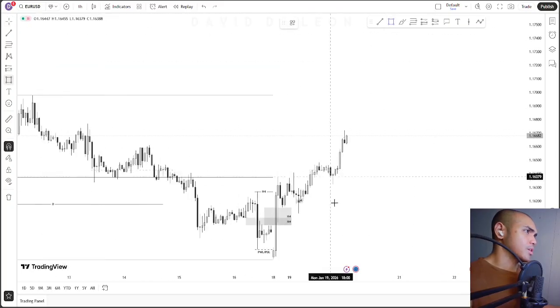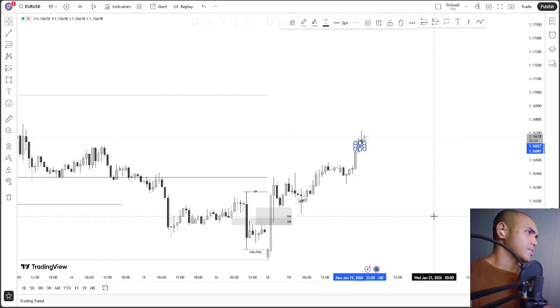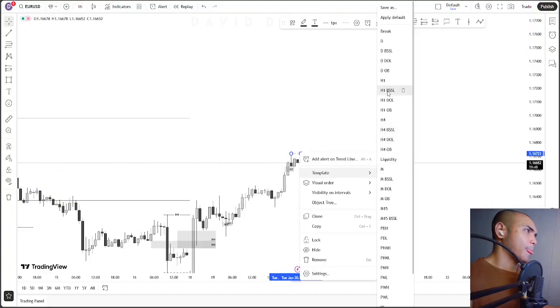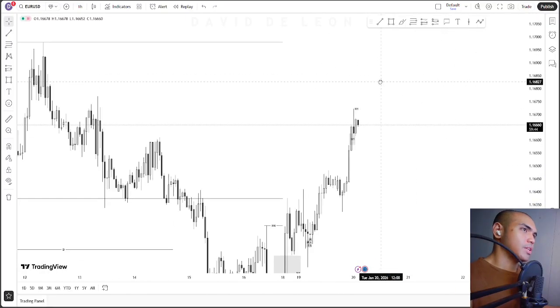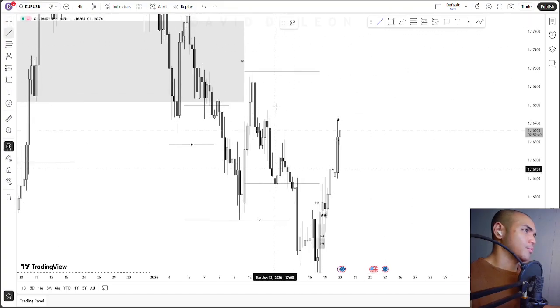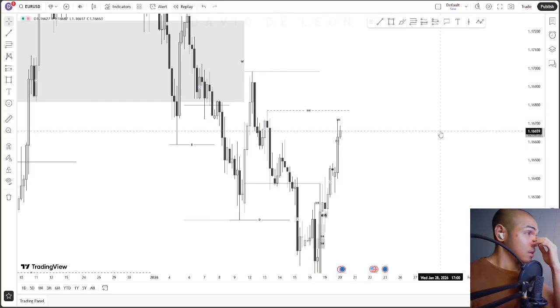Price could still respect this H1 buy side imbalance. All right, but we now have H1 BSL. Price could potentially check out this H4 buy side liquidity here.